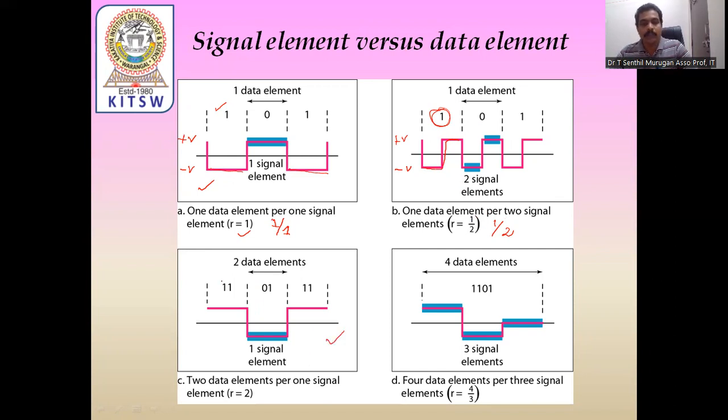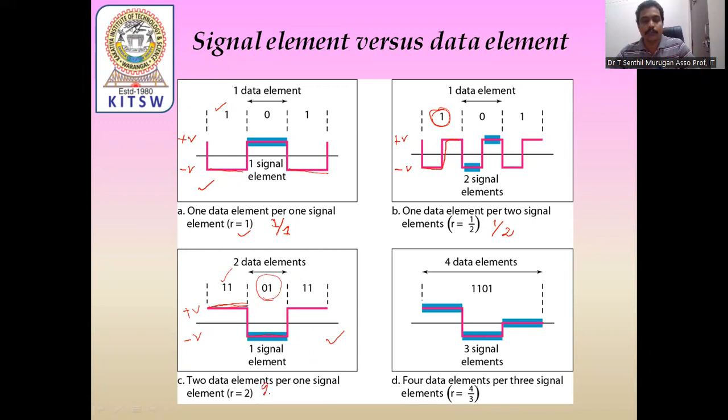Here in the third diagram, diagram C, what will happen? Two data elements, one signal element. It may be positive voltage, it may be negative voltage. So if these two data elements are converted to positive voltage, a single signal element represents the two data elements.